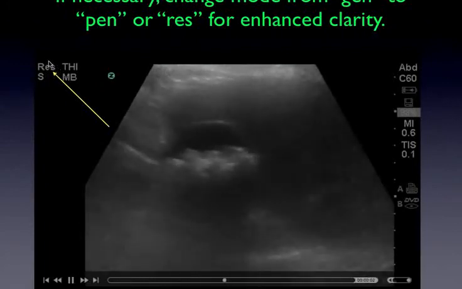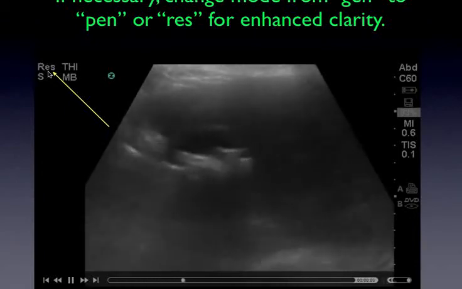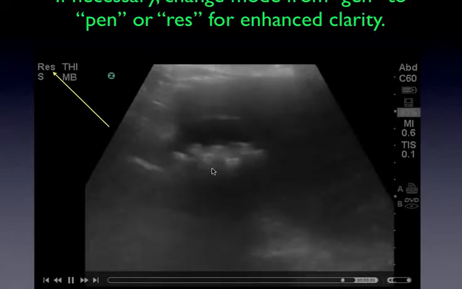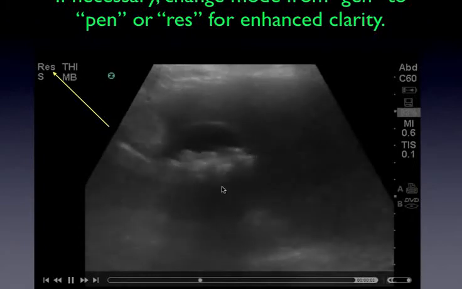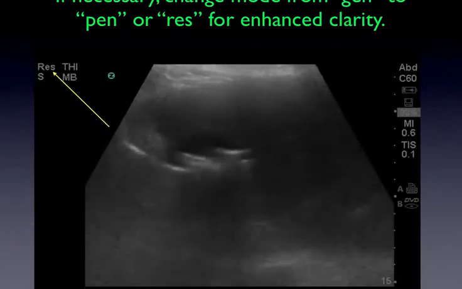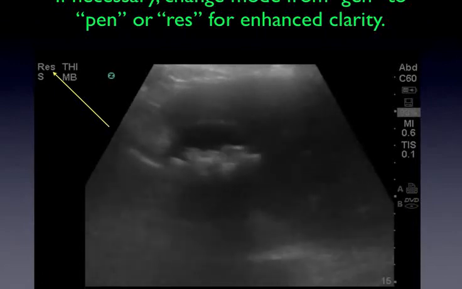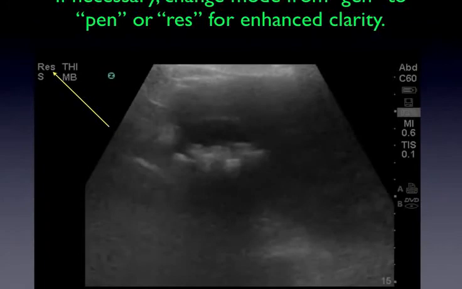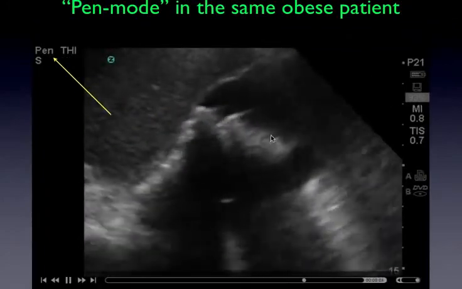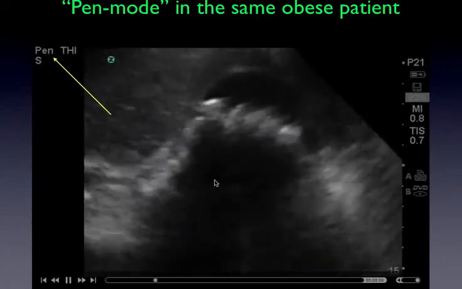This is the res mode, the resolution mode. So this is for more superficial structures. It doesn't penetrate as well. Same probe, but you're using a higher frequency. So over here is the gallbladder. Very difficult to see stones, and shadowing, which isn't very clear. So if we change from the res mode, or typically the gen mode, and we go to the pen or penetrating mode, same patient, and now you can see the gallstones and very clear shadowing.